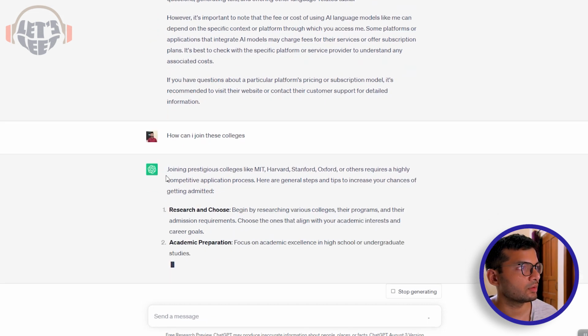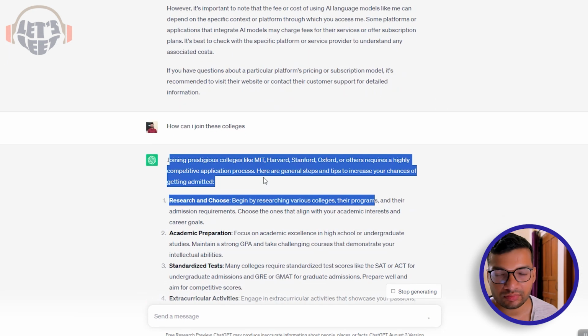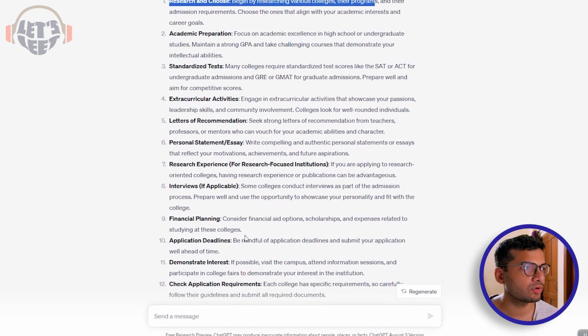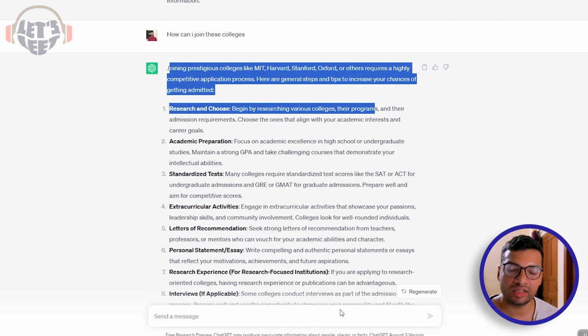So see, joining prestigious colleges like MIT, Harvard. So I can keep iterating on the same questions until we reach the point where we get the answer we want. We can iterate until then, and on the basis of the same context and the answers to previous questions it will keep answering you, and you can ask as many times as you want.